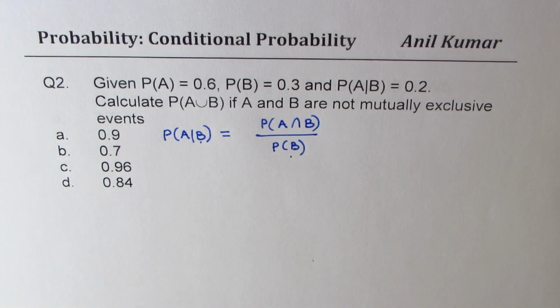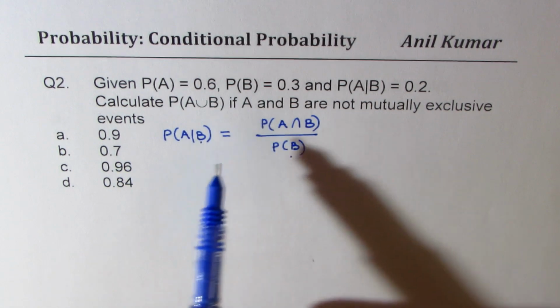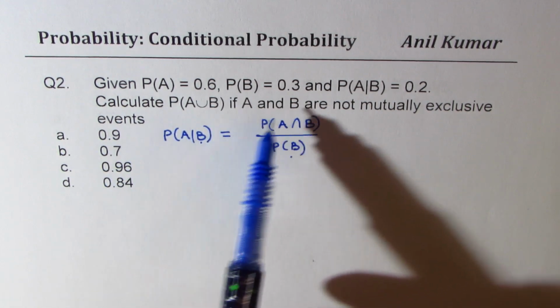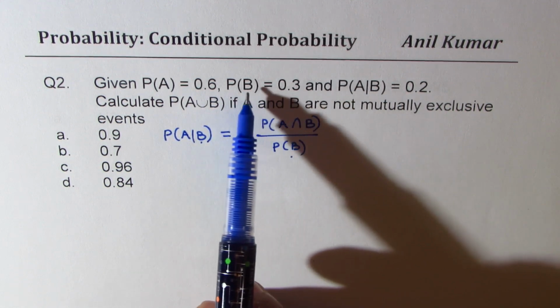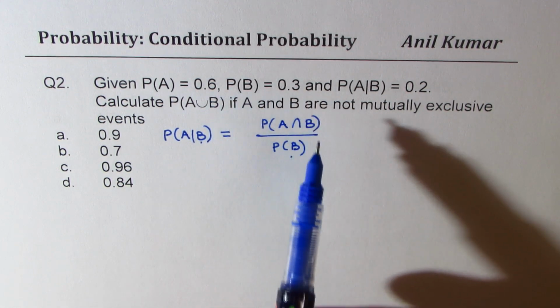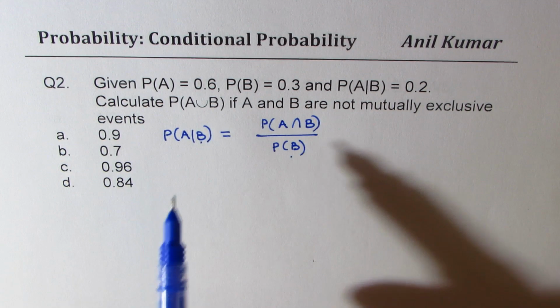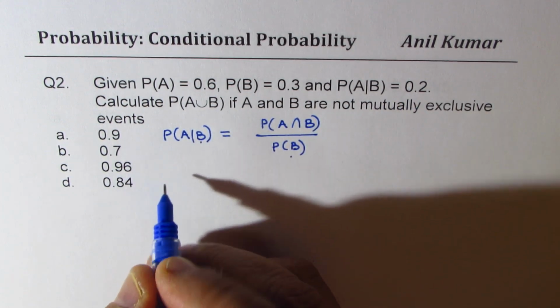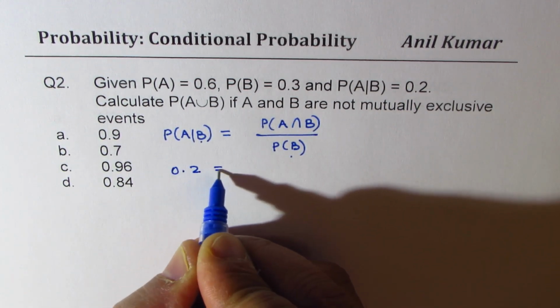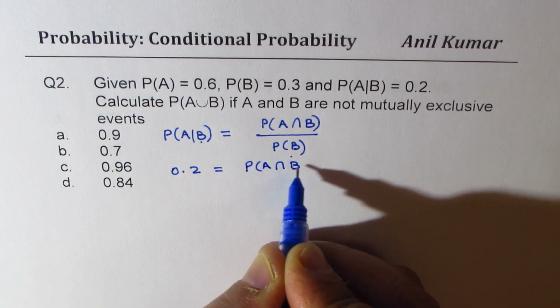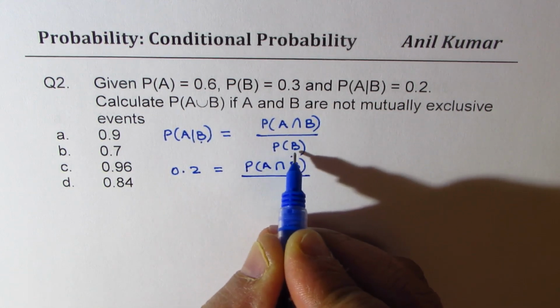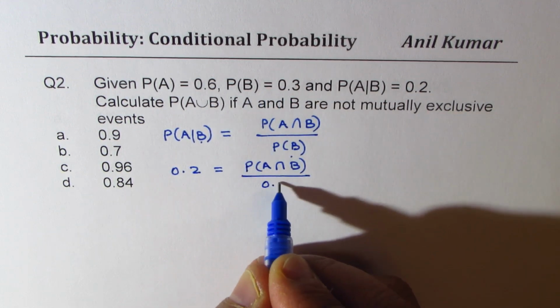Is that okay? Now in this particular case, we are given probability of A given B. We are also given probability of B. So we can find the intersection, right? So let's write down, 0.2 is equal to probability of A intersection B over probability of B, which is given to us as 0.3.